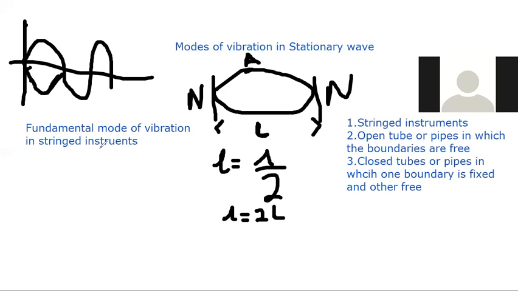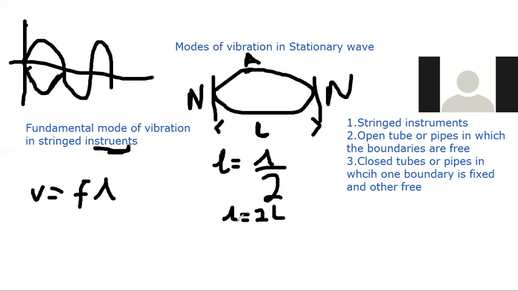The speed is equal to the frequency of the wave times the wavelength. When I strum a guitar, the frequency times the wavelength gives the speed. Here, F is the fundamental frequency.